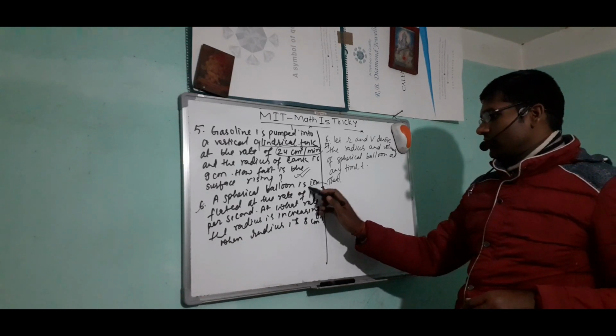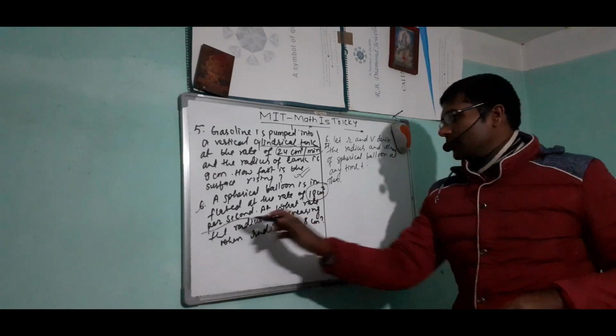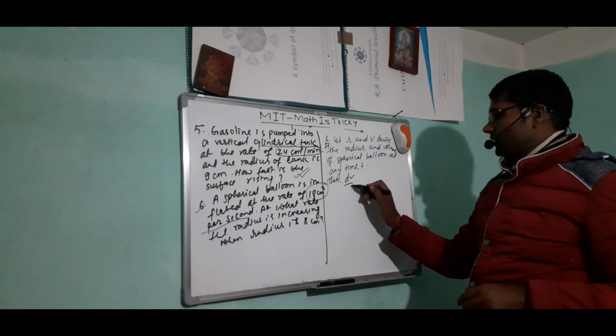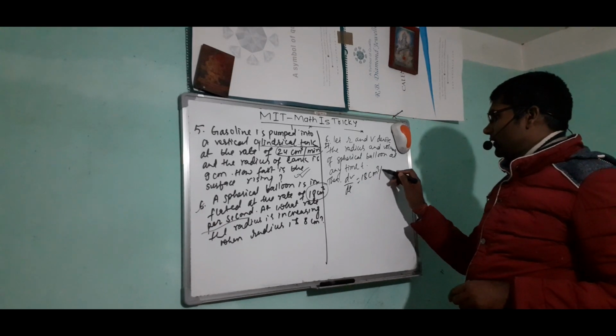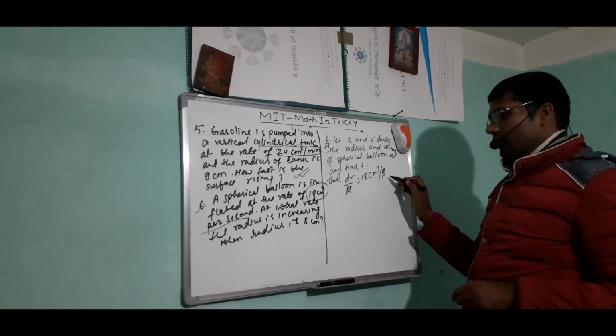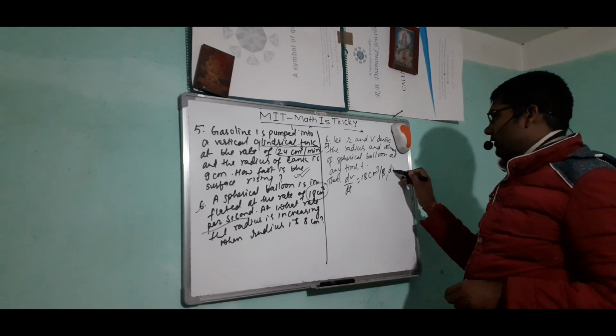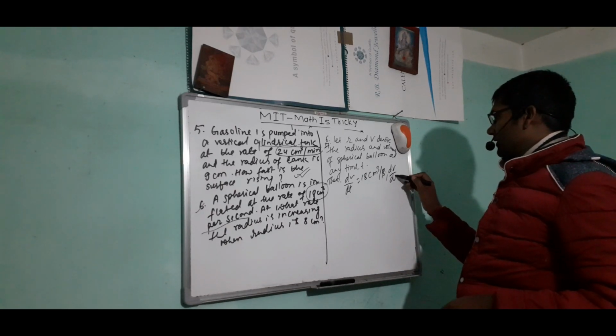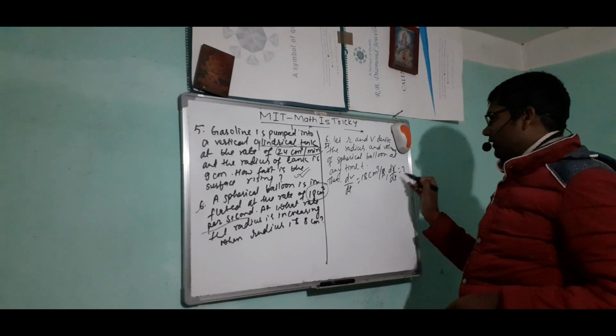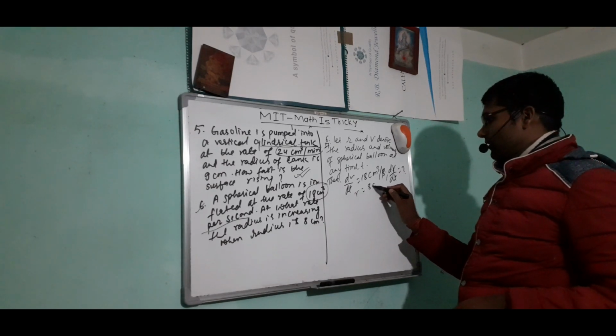What is given here? Cm cube per second means dV by dt is given. dV by dt is 18 cm cube per second. We have to find dr by dt, the rate at which the radius increases, when r equals 8 cm.